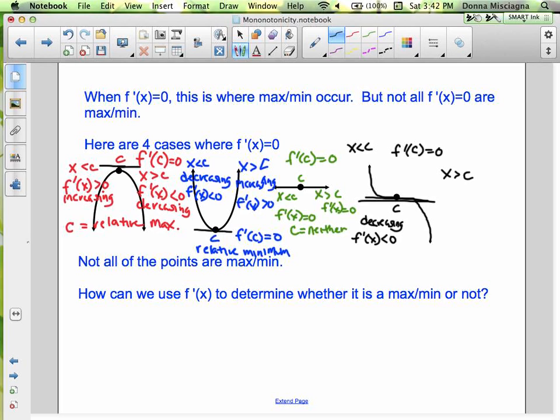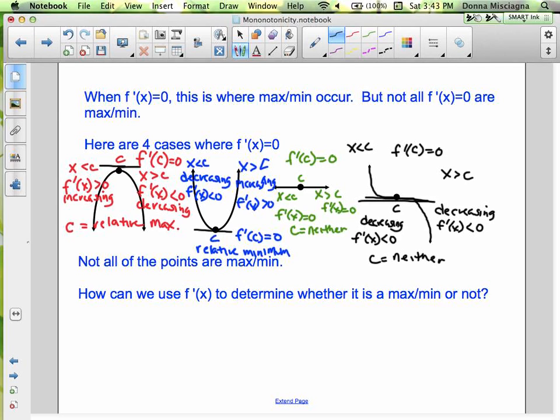Now for values of x greater than c, our function is still decreasing, which means that the derivative is still negative. There was no change in the derivative. So when there's no change, we just keep decreasing. That's not a relative max. That's not a relative min. You can see that from the graph. So c here is neither.